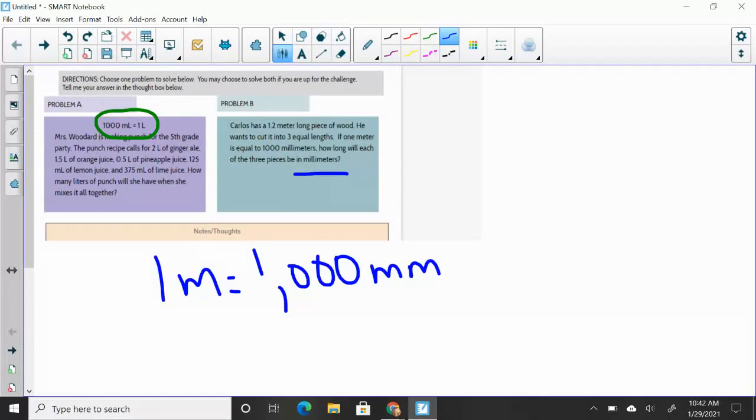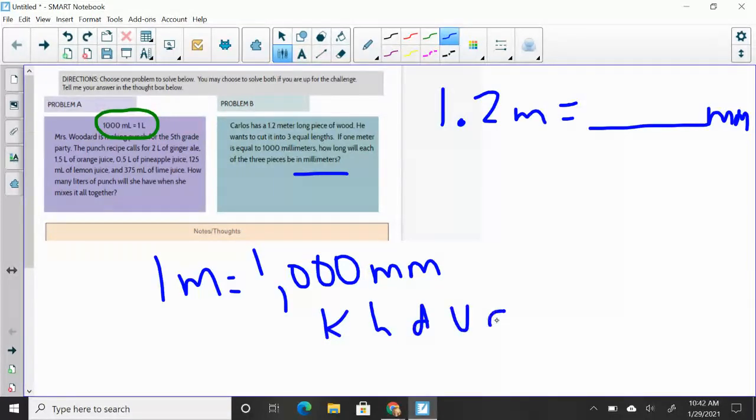So the first thing that I need to do is change 1 2/10 meters to millimeters. And how would I do that? I would multiply by 1,000. Okay. So if you're thinking about the chart, King Henry died unusually drinking chocolate milk.